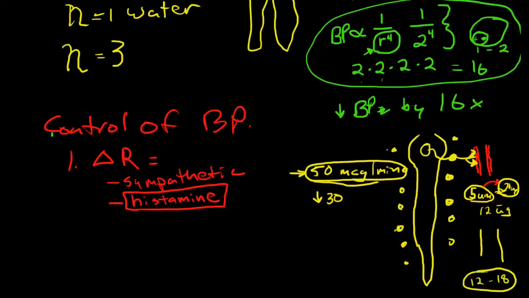Okay, now the second way that the body controls blood pressure is by controlling cardiac output, by increasing stroke volume or increasing heart rate. Again, the main way that it does this is through the sympathetic nervous system.